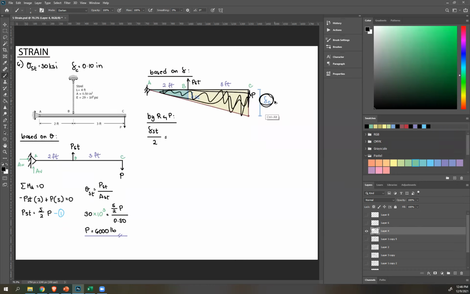And that is height, displacement of point C, over total base 5. Okay. And then from this, you can create an equation wherein deformation of steel is simply this, which is given to be 0.10 over 5 times 2. What's the answer?